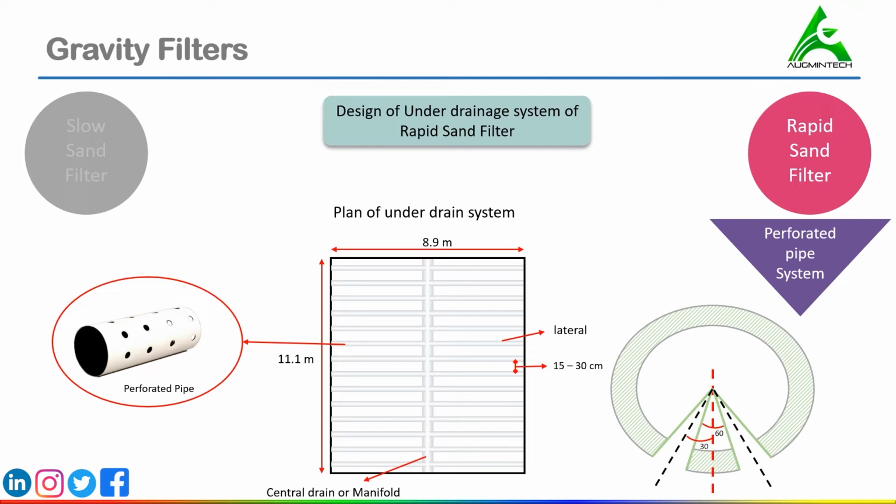The diameter of the perforation varies from 5 to 12 mm and these are staggered. The spacing of the perforations along the laterals may vary from 80 mm for perforations of 5 mm diameter to 200 mm for perforations of 12 mm diameter.